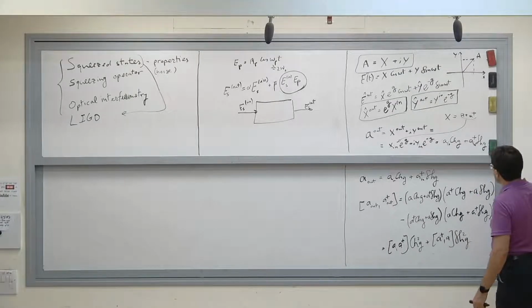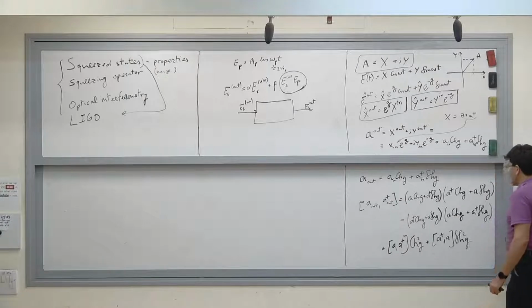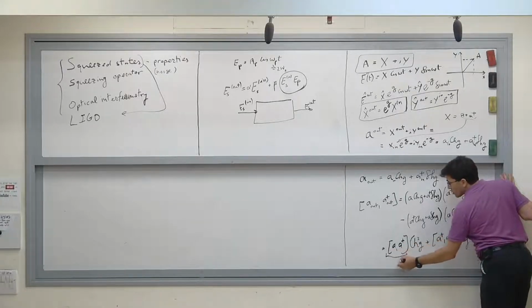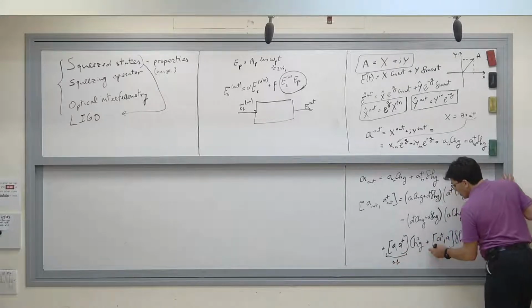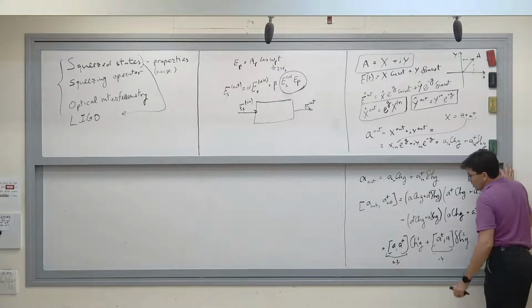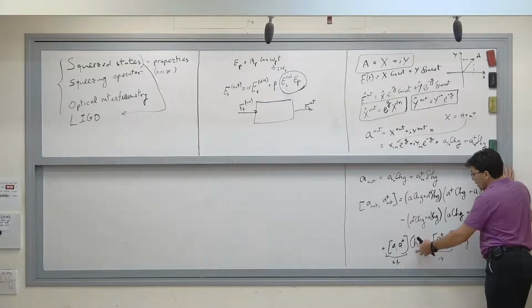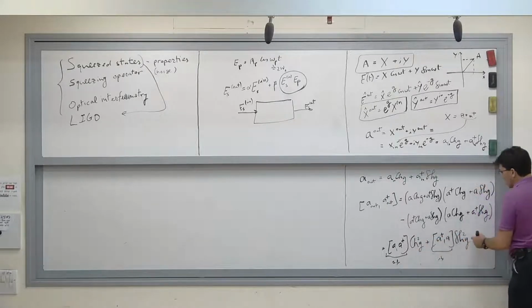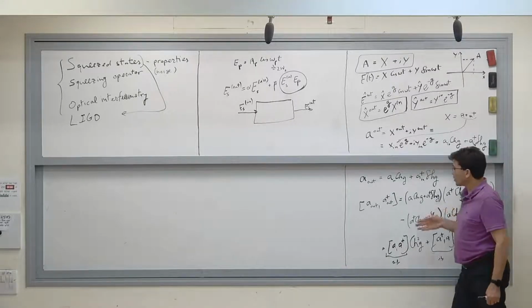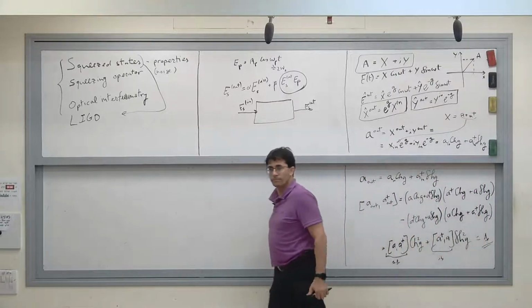Now this is 1, this is minus 1, and hyperbolic cosine squared minus hyperbolic sine squared is 1. So the commutation relation is correct.